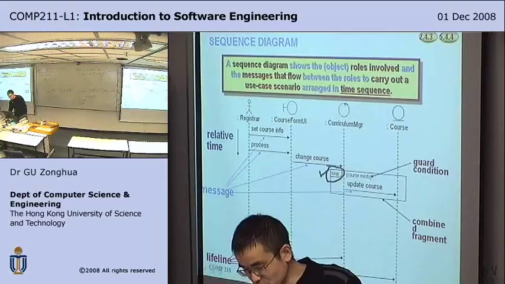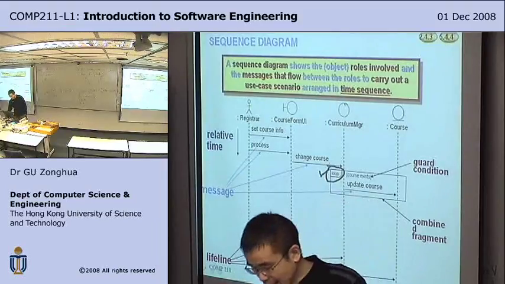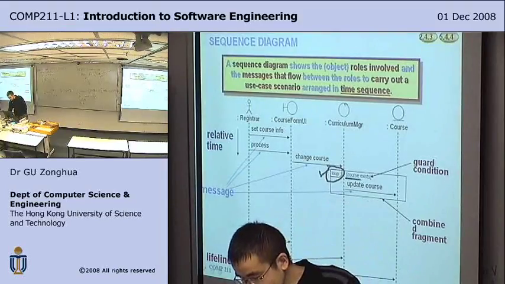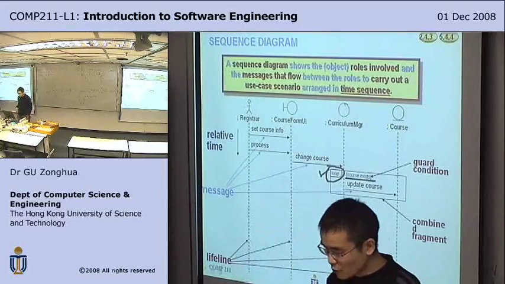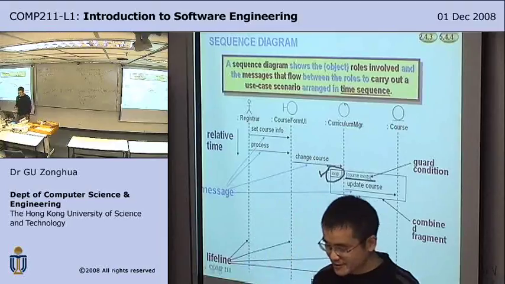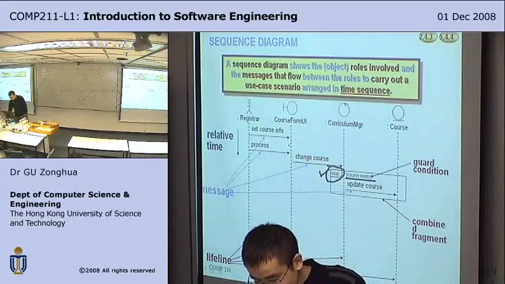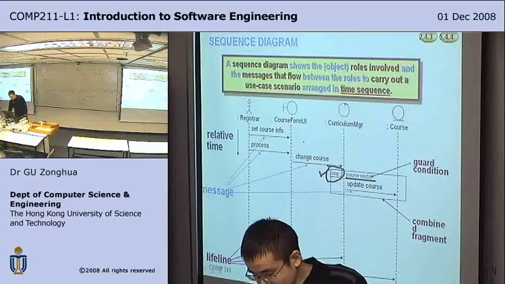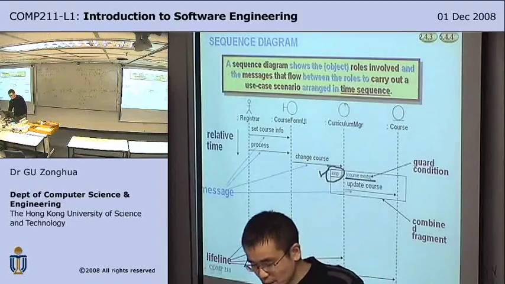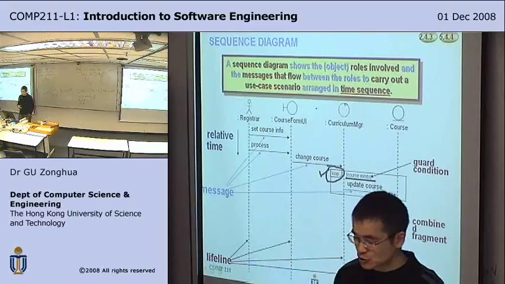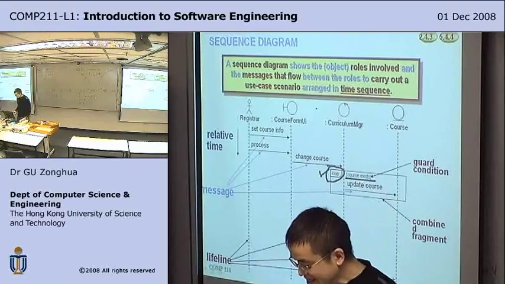So here it says loop, and here's a guard condition: course exists. While the course exists, update the course. You see this classical interaction pattern where the actor talks to the UI, the UI talks to the control, which talks to the entity.